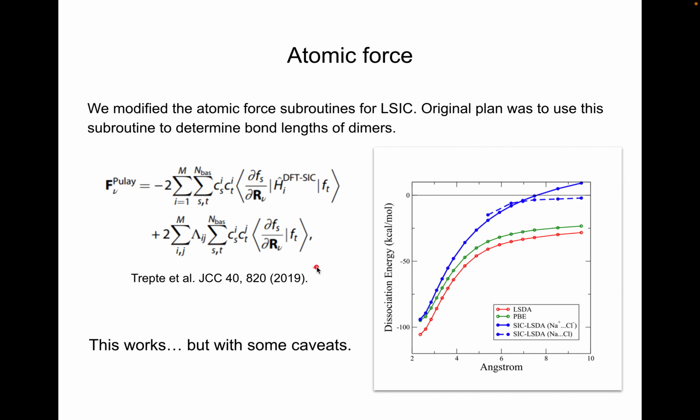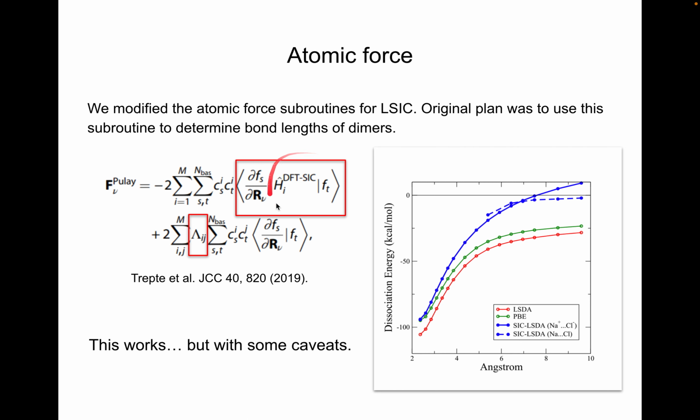Okay, and in case of the LSIC, you need to modify those two terms. So here the capital Lambda ij is the difference of the Lagrange multiplier matrix term, lambda ij minus lambda ji. So if you update the SIC matrix in the LSIC, this term will be automatically updated accordingly.